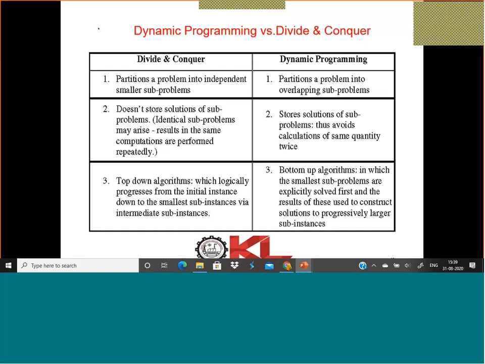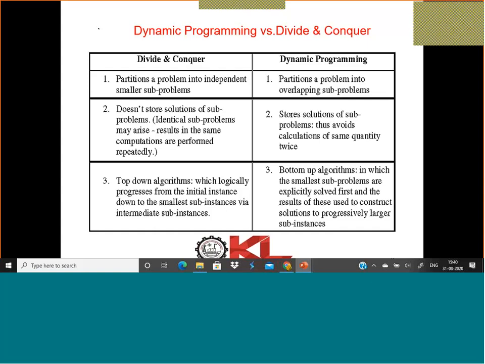Whereas in the dynamic model, we partition a problem into overlapping subproblems. So when you get overlapping, we take advantage of the redundant subproblems, solve them, and reduce the time complexity. That is the first point.